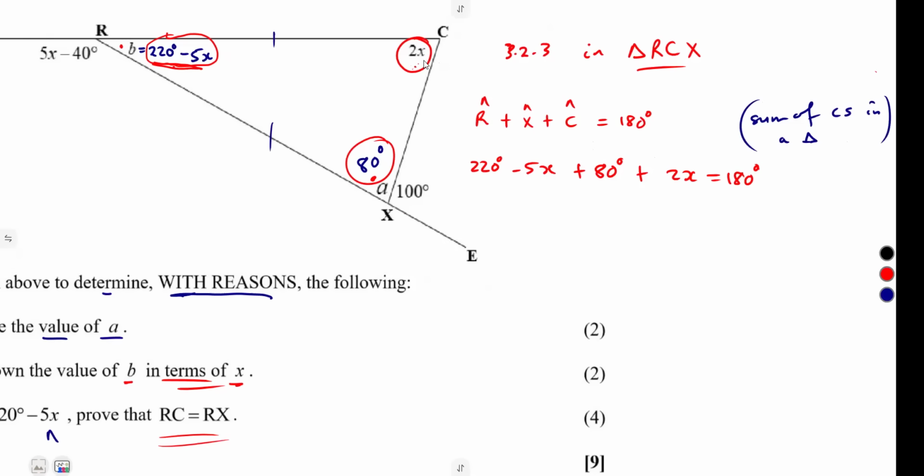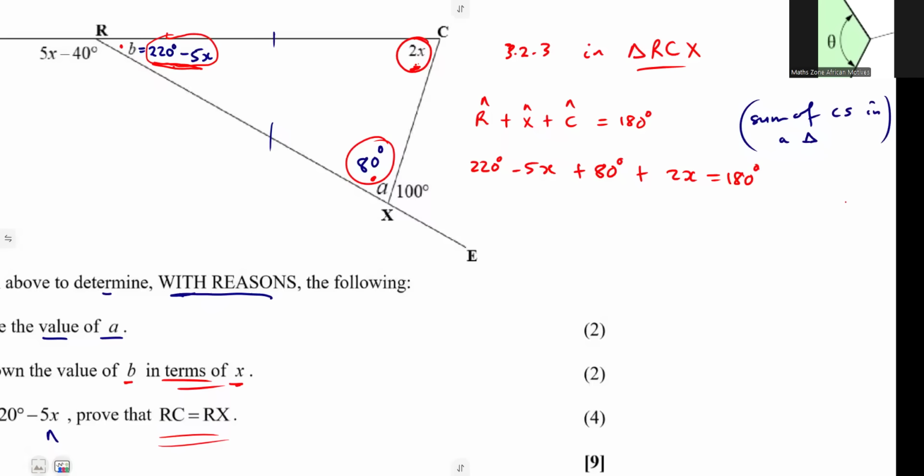Why solve for x? Because we want to prove that these two angles are equal. This one is given in terms of x, so once we've got the value of x, we simply multiply by 2, 2 times that answer. Then we can see if these two are equal. The issue must be on the numerical values there.